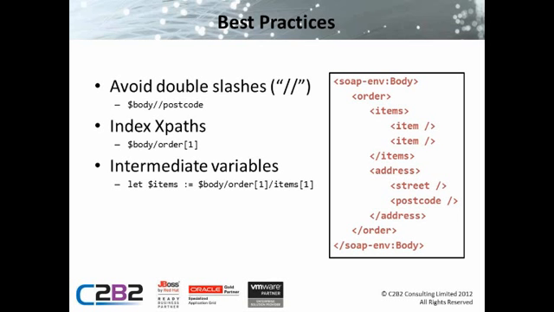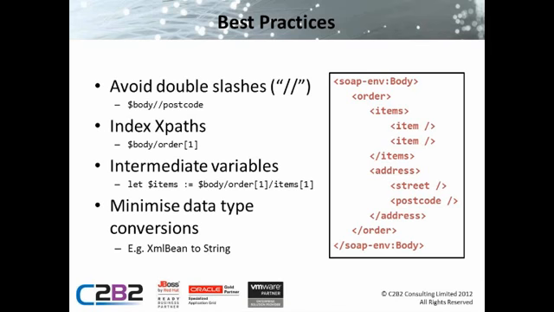So I've used this let, which is a FLWOR expression, if you're familiar with your XML language. Now this intermediate variable can be used to store items, in this case, as a common context for multiple values. And it also can be used, or it's advised to be used instead of context variables, which we'll see in a minute as well.